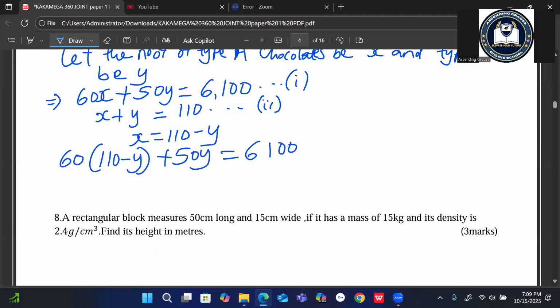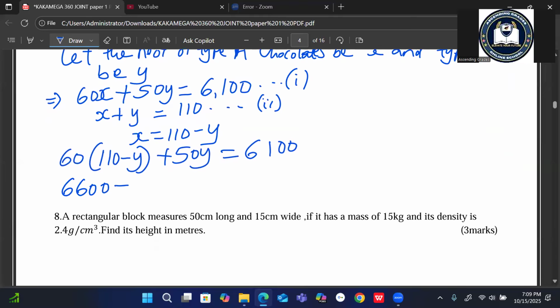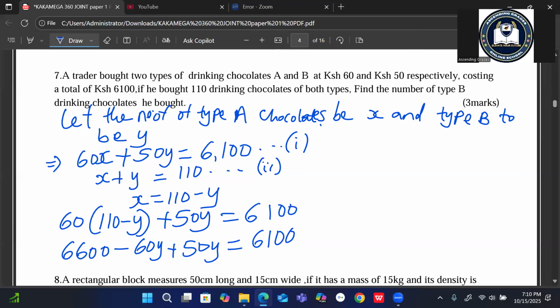So this is 6,600 minus 60Y plus 50Y, which should give you 6,100.